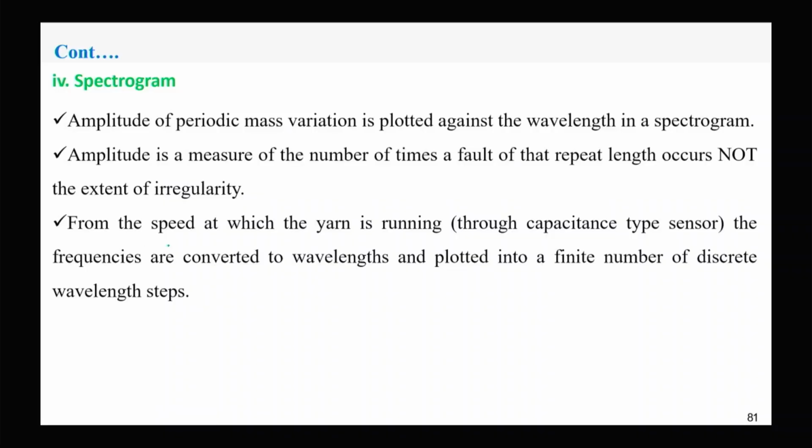So from the speed at which the yarn is running, through the capacitance type sensor, the frequencies are converted to wavelength.